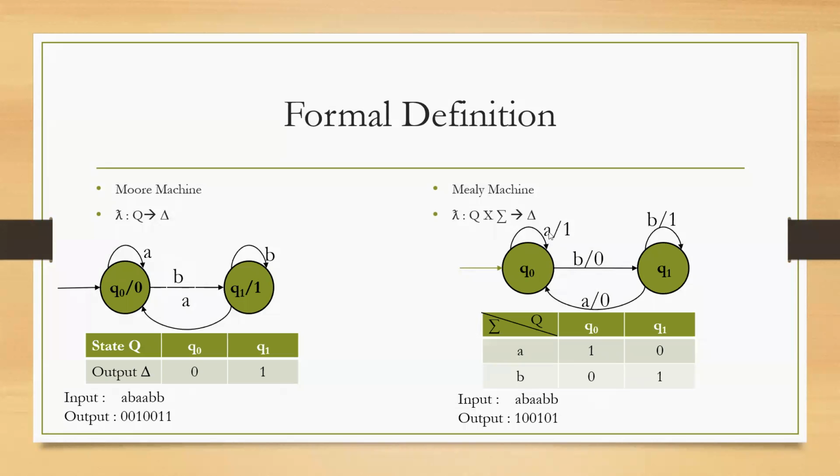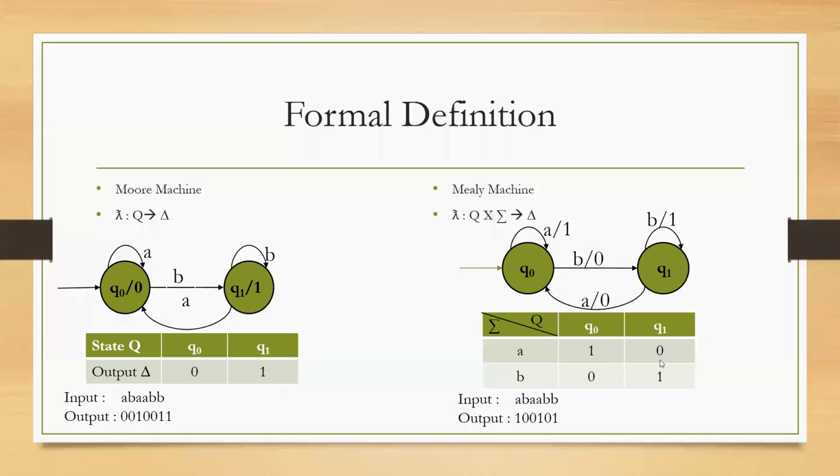So Q0 on accepting input A gives output 1. Q0 on accepting input B will generate output 0. Now Q1 on accepting input A will generate output 0, and Q1 on input B will generate output 1.